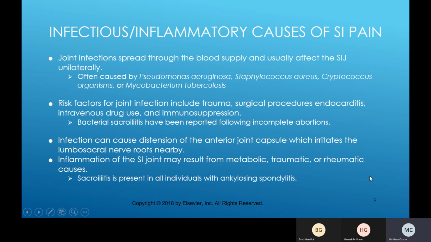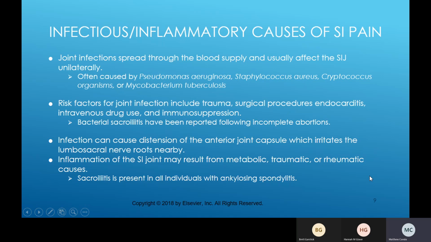If I have pain that is absolutely terrible in the second half of the night, terrible when I first wake up in the morning, but I start to move around and within 60 minutes, I'm feeling okay, that's also indicative that there may be something like ankylosing spondylitis happening. So just be very aware of those things.